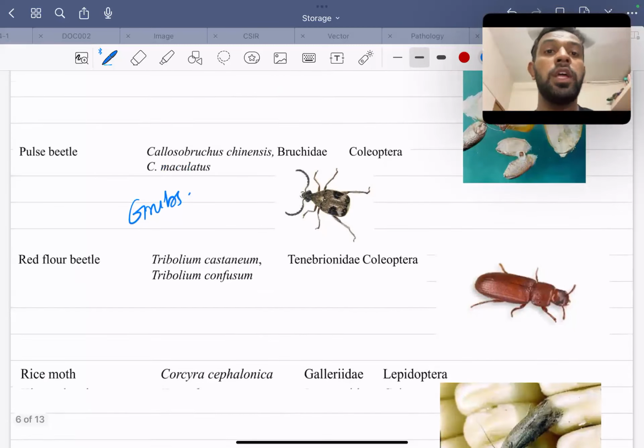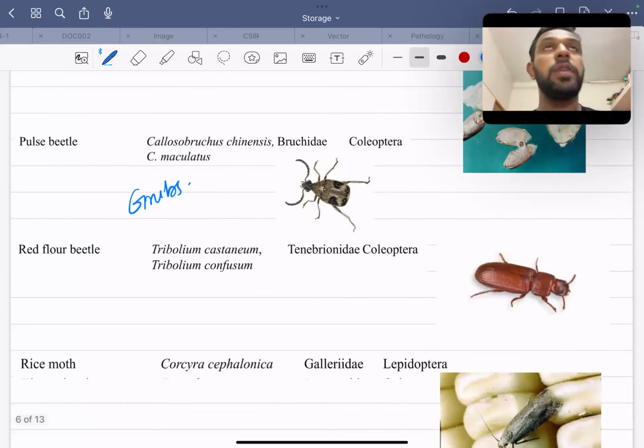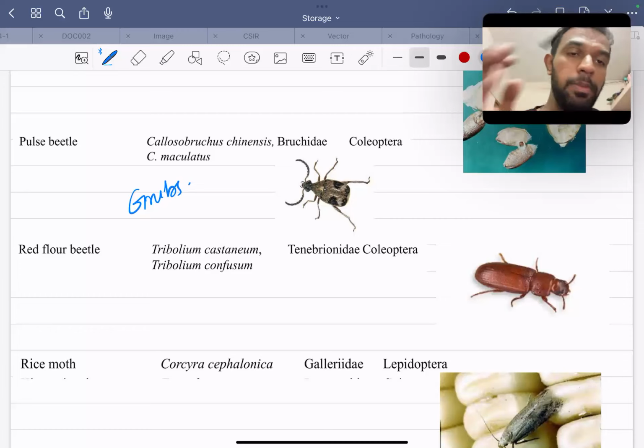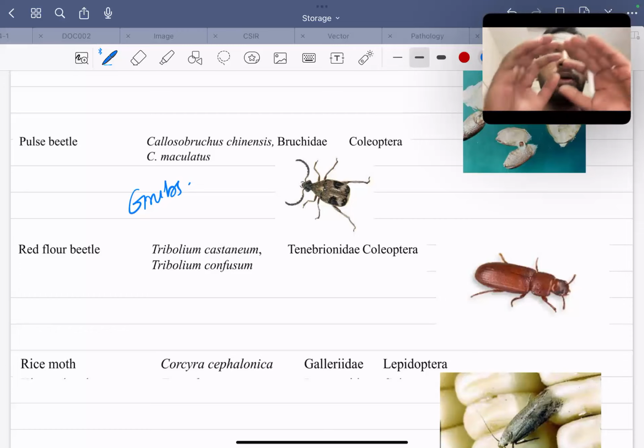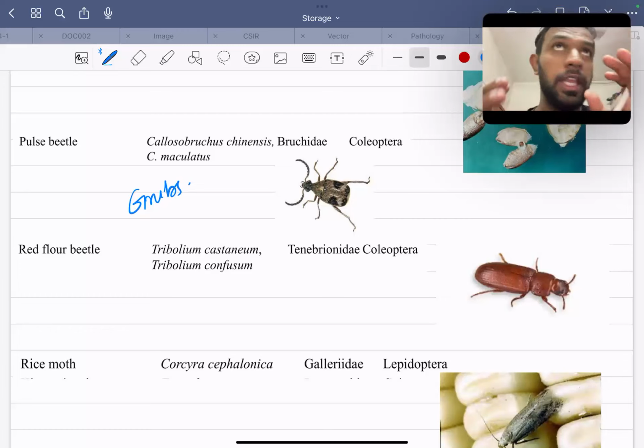Then comes the red flour beetle, that is Tribolium castaneum and Tribolium confusum. It is also a Coleopteran insect. The grubs feed on the milled products, and flour beetles are secondary pests actually. This Tribolium is an external feeder, always damaging the external area of the grain, if you consider.